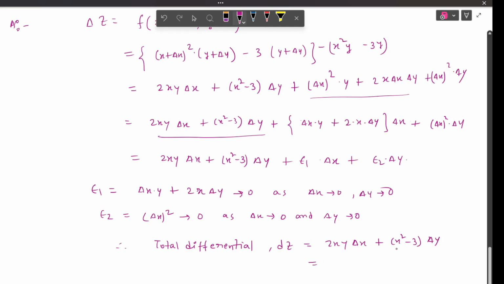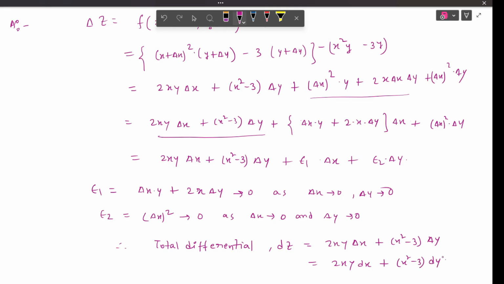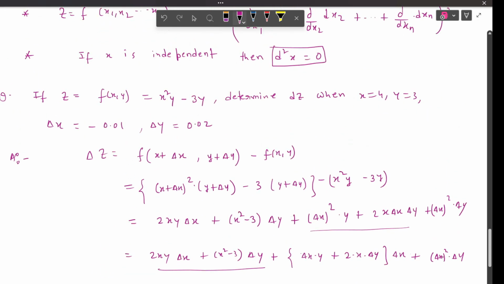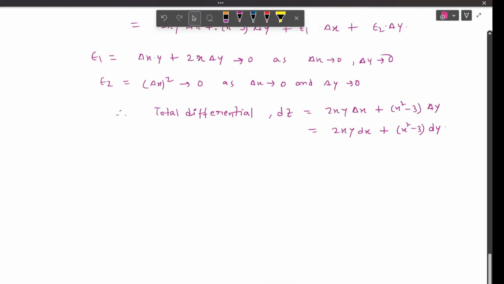In place of delta x and delta y, we can write dx, dy. So 2xy dx and (x square minus 3) dy. Now we have to find out when x equals 3, y equals 3, delta x is minus 0.01 and delta y is minus 0.02, then find dz. So let's find out.